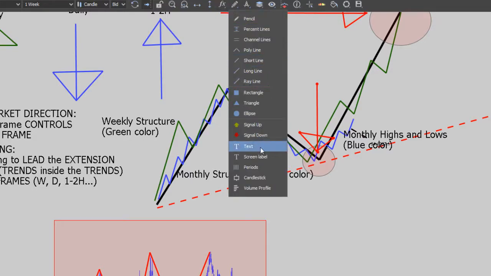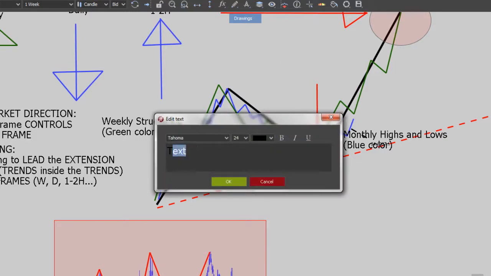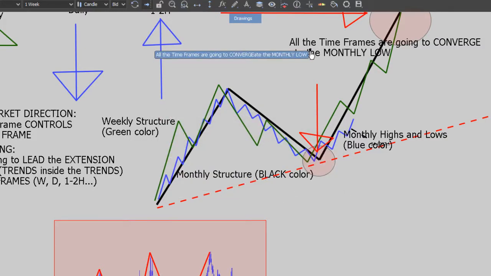So let's write this down. So the monthly, all the time frames are going to converge at the monthly low. Okay, this is the point.